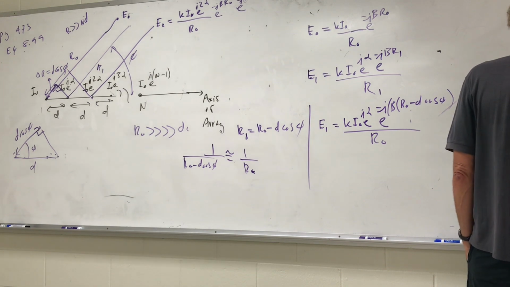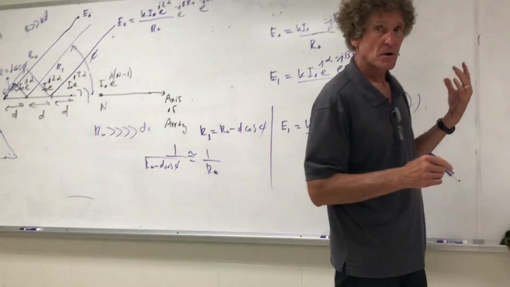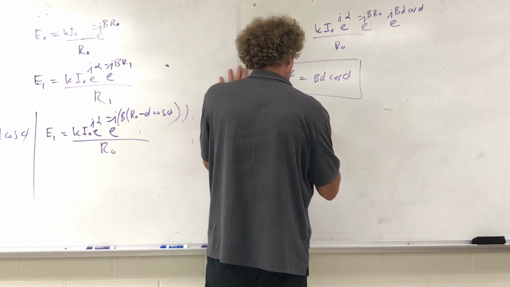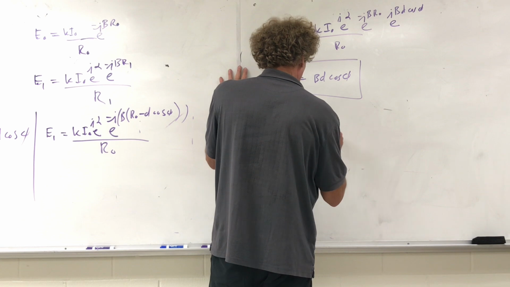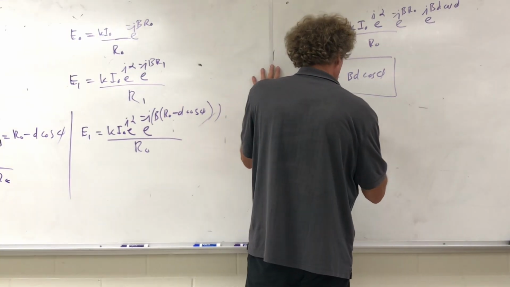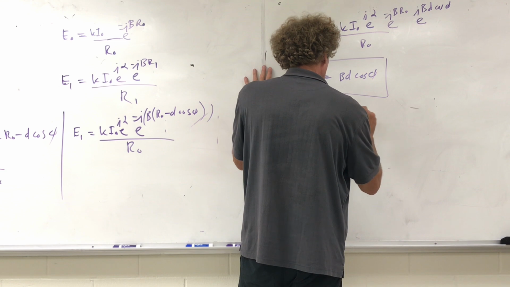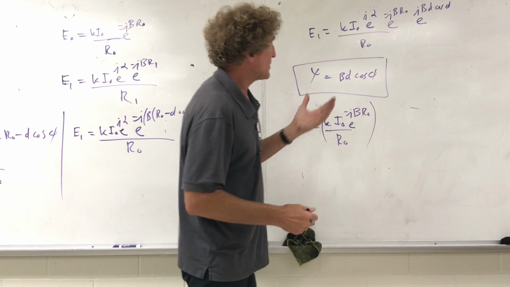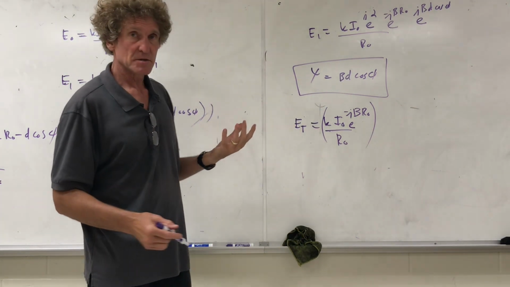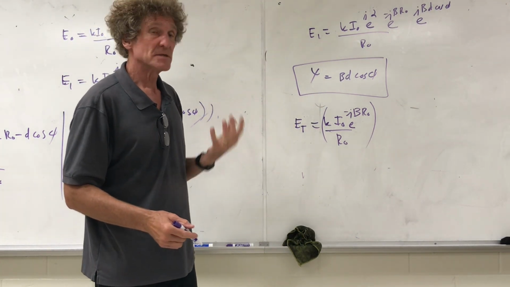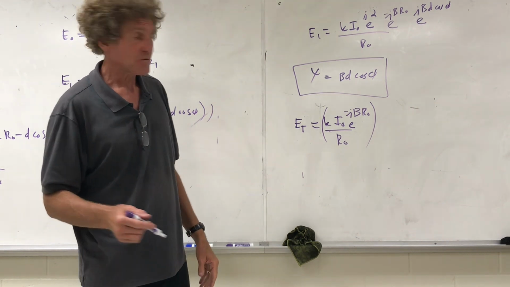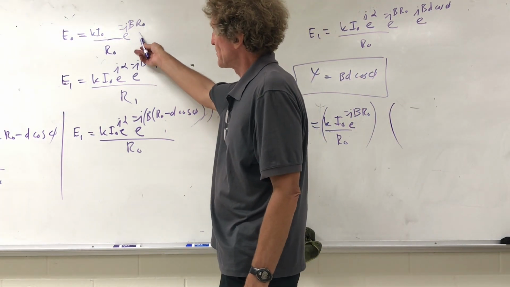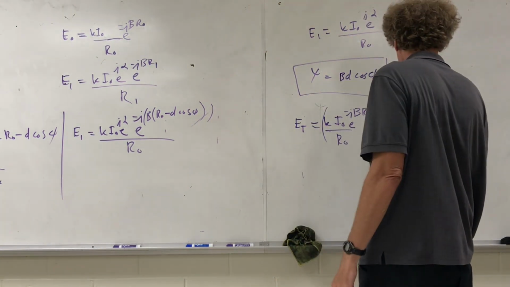So the total electric field, first I take all the constants out of it. I'm going to take the K, the I naught, the R naught, and e to the minus j beta r naught out in front. What I'm trying to do is strip out all the constants that will be present in every single term I write. Then the first term was this right here, so that's just 1.